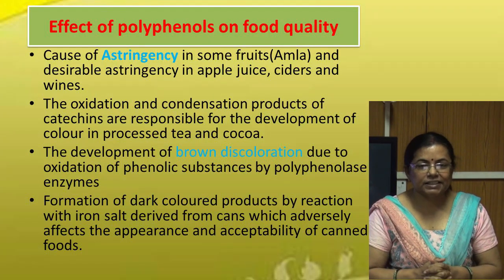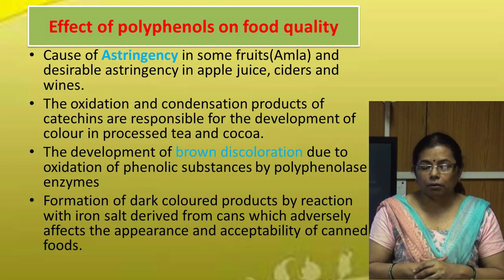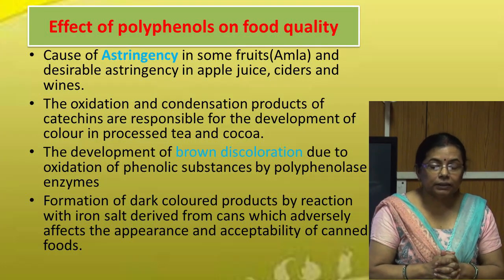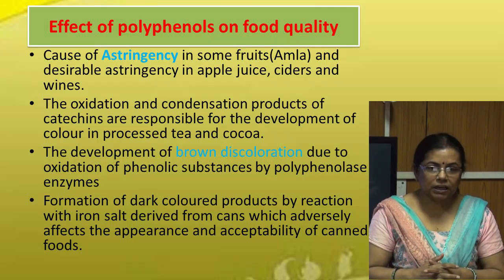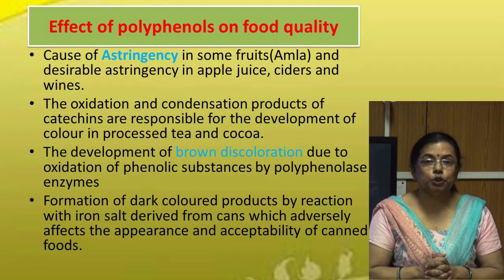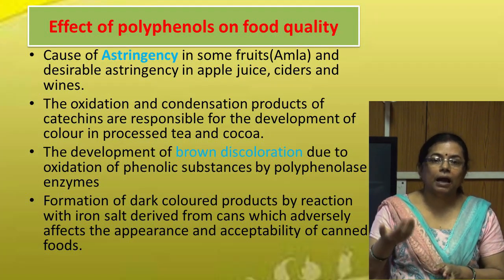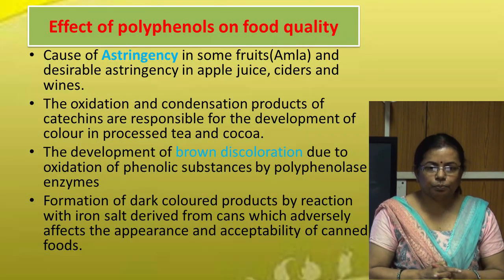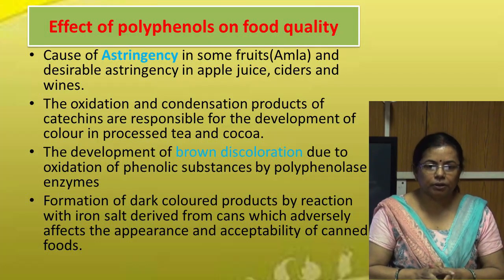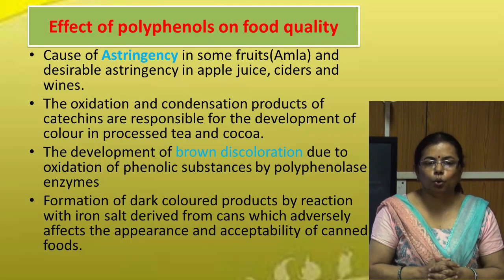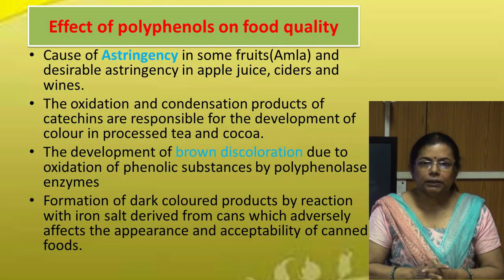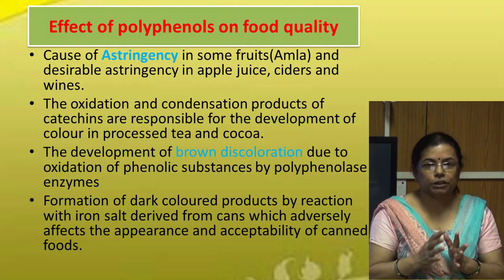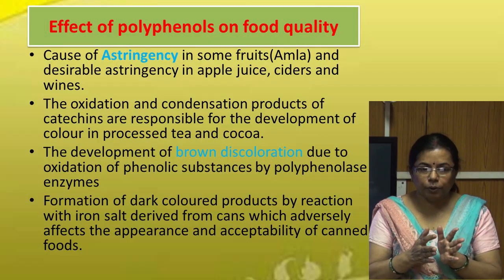Astringency in some fruits like amla, apple, and other unripe fruits is not desirable, but it is desirable in some products like apple juice, ciders, meaning apple wine, and other wines. The oxidation and condensation products of catechins are responsible for the development of color in processed cocoa and tea. The development of brown discoloration of light colored fruits and vegetables is due to the oxidation of phenolic substances.